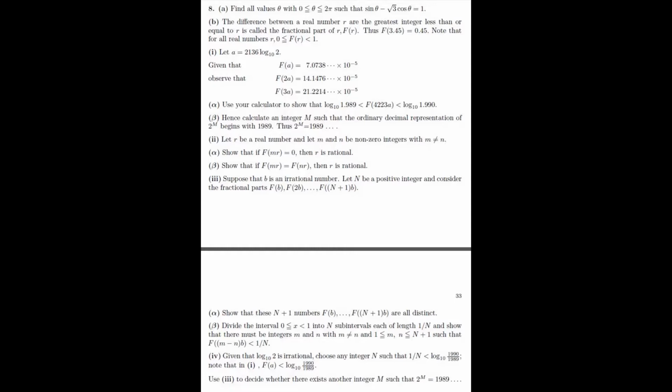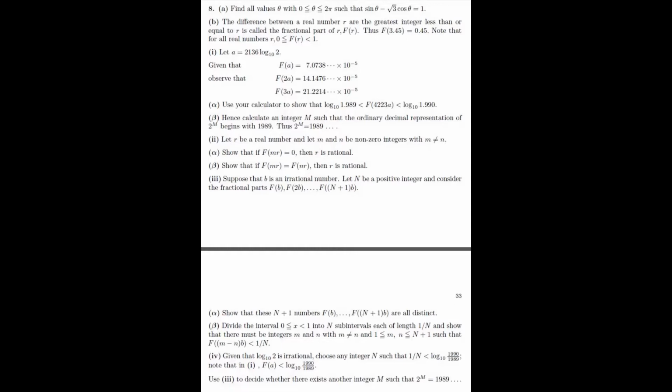Part 3 says to suppose that b is an irrational number. Let capital N be a positive integer and consider the fractional parts of f(b), f(2b), and so on, all the way up to f((N+1)b). Part alpha then says to show that these N+1 numbers are all distinct.